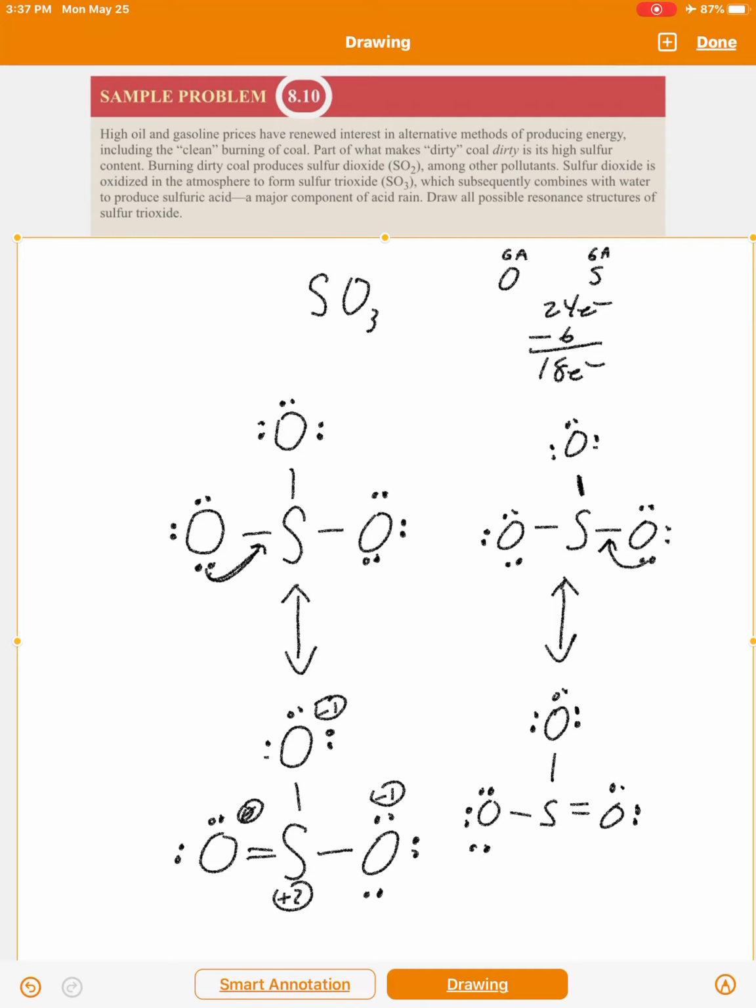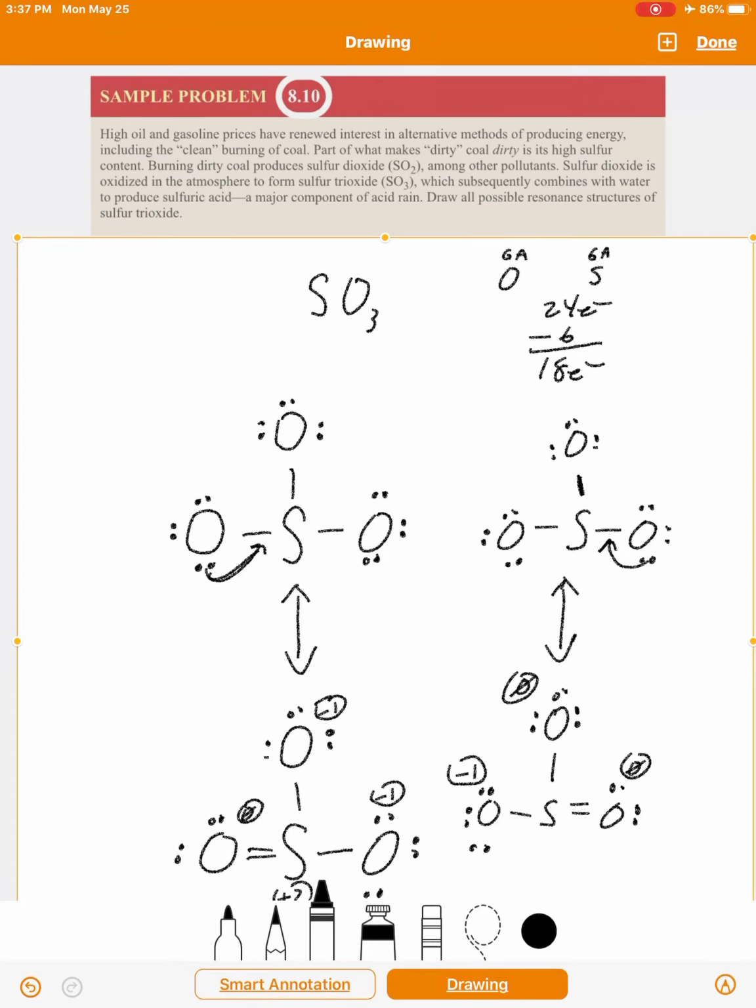So now the formal charge is -1 here, 0 here, 0 here. I'm sorry, -1 here, and +2 here.